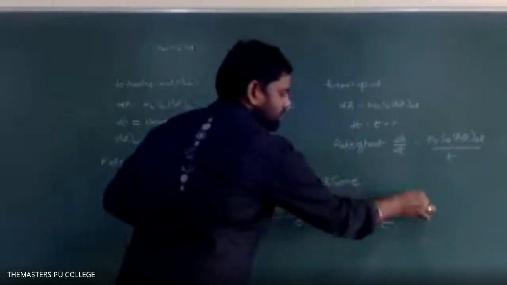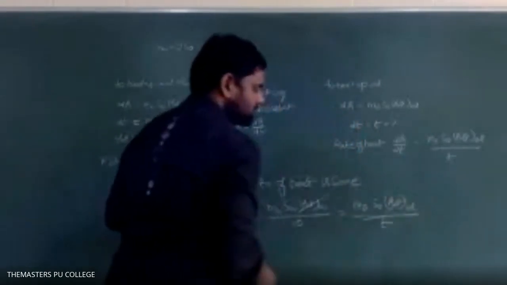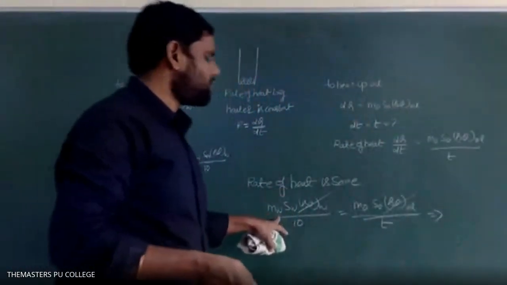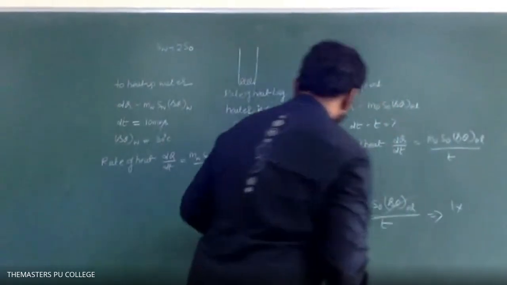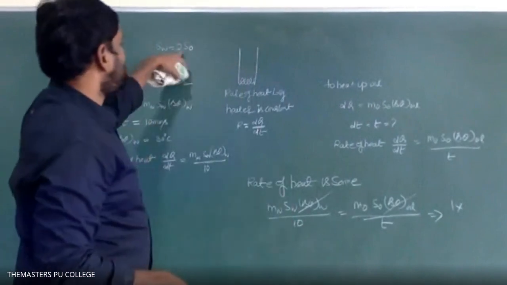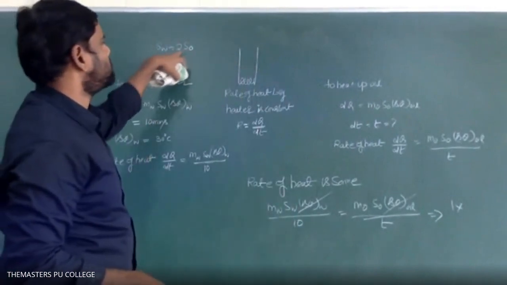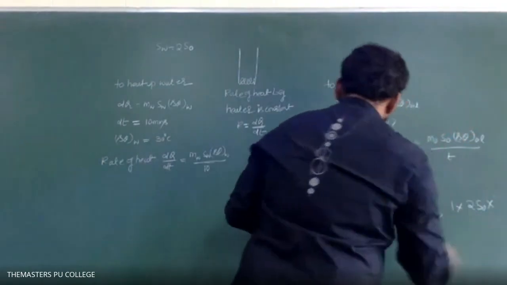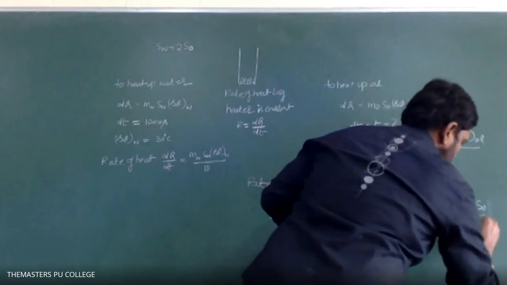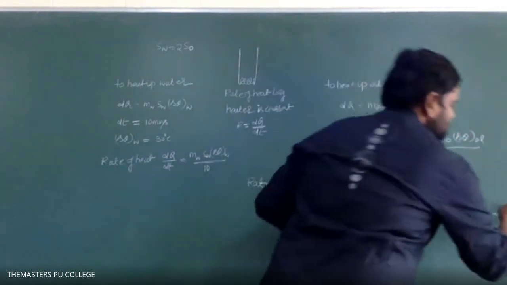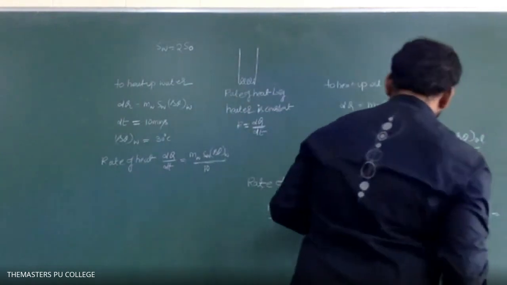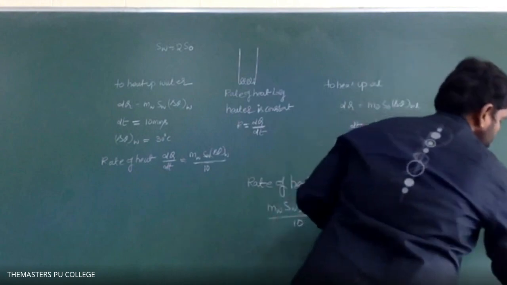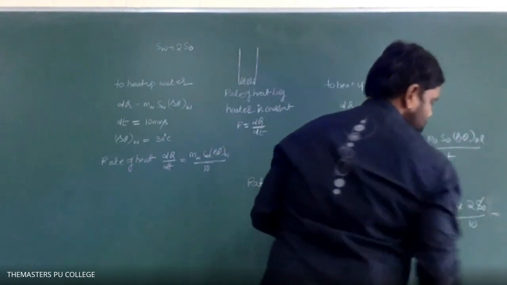They are given that the rise in temperature is the same for both cases, so let's cancel it. Mass of water is given as 1 kg, so I can write 1. Specific heat of water can be replaced by 2 times the specific heat of oil. Divided by 10, that is equal to mass of oil, which is 3, and the specific heat of oil, let it be SO, gets cancelled.